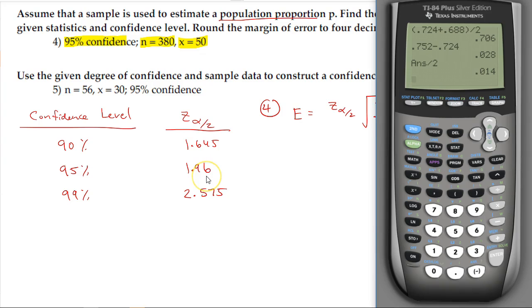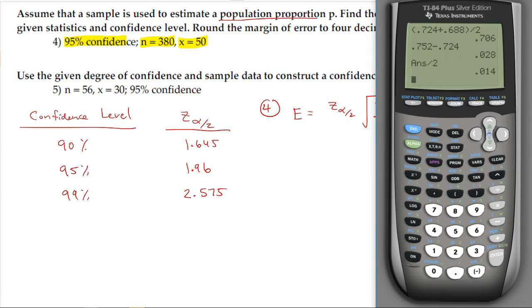And what I mean by it doesn't change is, given a confidence level, the critical value when we're dealing with a z distribution does not change for that confidence level. So for example, for a confidence level of 99%, the critical value for a z distribution would always be 2.575.